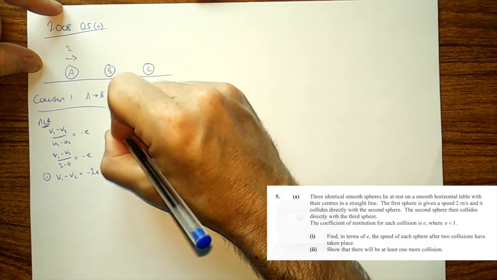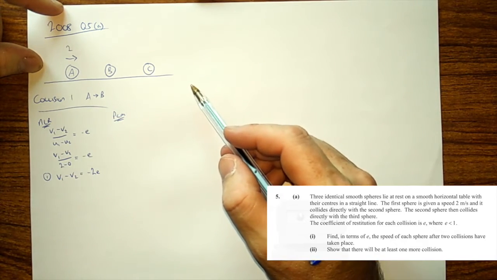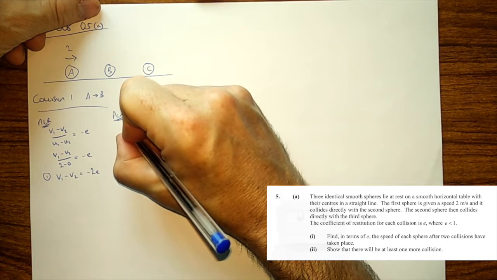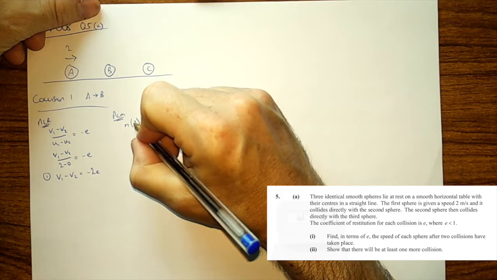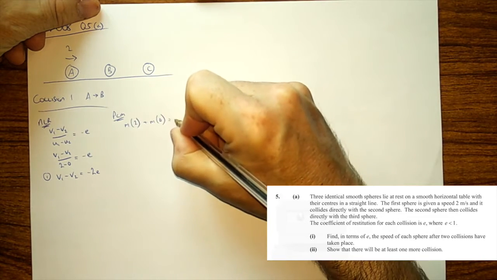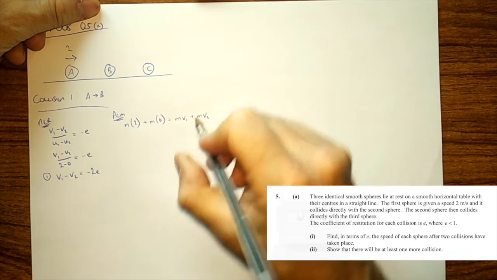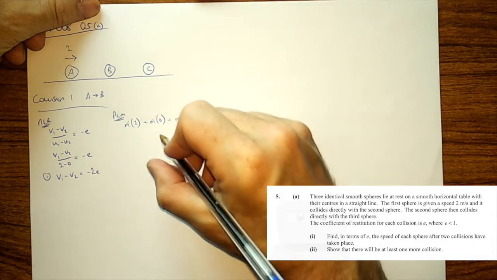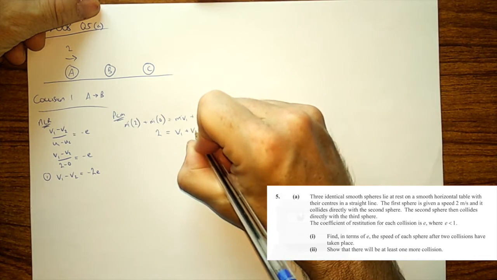Principle of conservation of momentum is the second place we're going to go. All of our masses are equal, so this becomes a whole lot easier. We have the initial speed of sphere A, and B is stationary, so that's 0. V1 and V2 are the final ones. Cross out all the masses, and we end up saying 2 is equal to V1 plus V2.